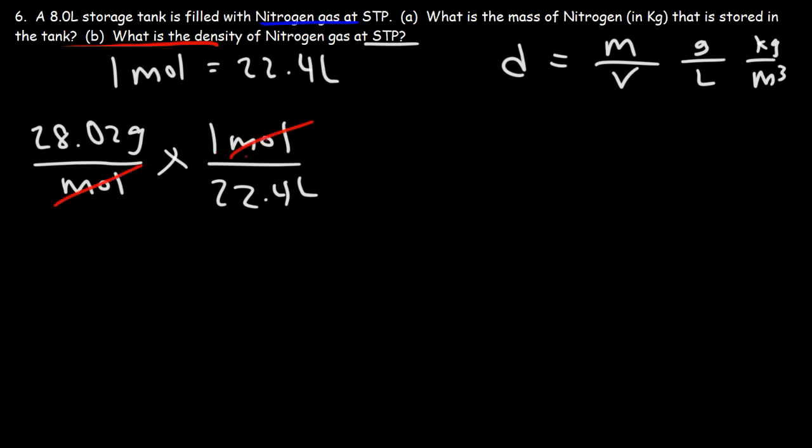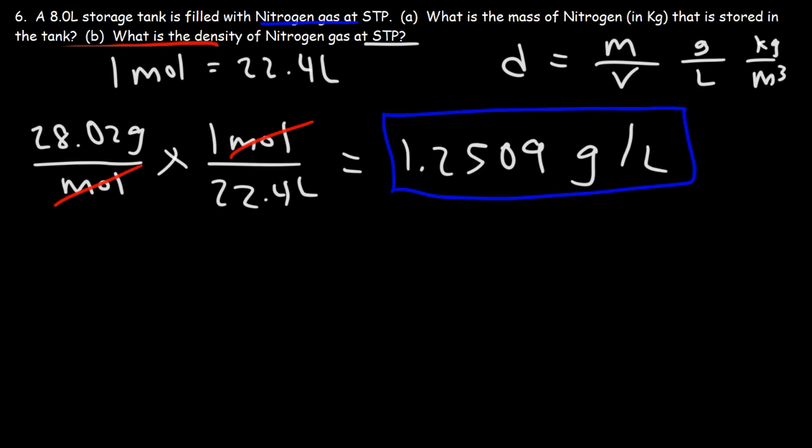Notice that the unit moles will cancel, giving us grams per liter. So this will give us the gas density if you take the molar mass and divide it by 22.4 at STP. So the gas density of nitrogen gas is 1.25089, or we could just round that to 1.25 grams per liter.